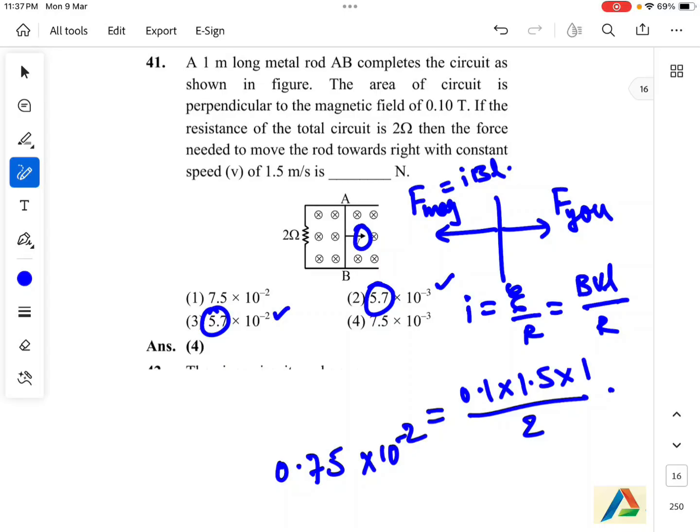That is your current. So that multiplied by B again, B is 0.1 Tesla, multiplied by length, 1 meter. Okay, IBL. That's your force. He's asking for the force. So how much is it? This 0.1 will go here.